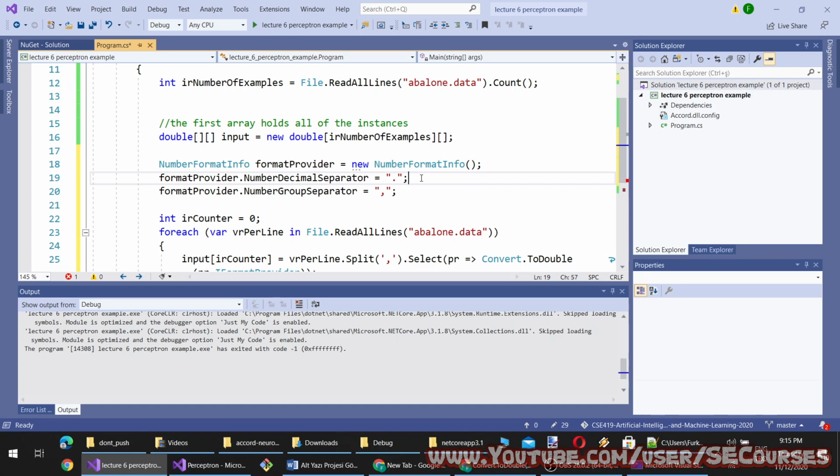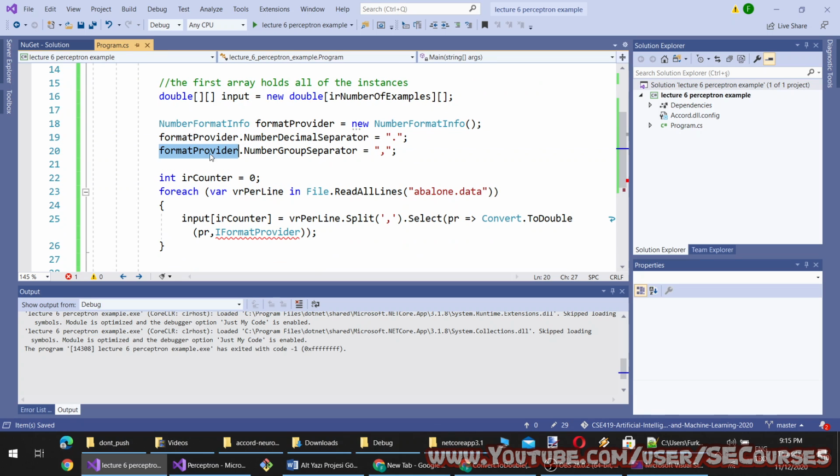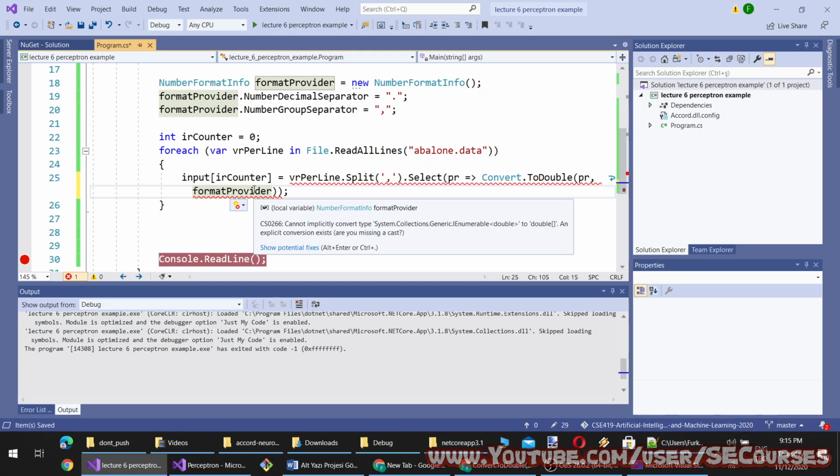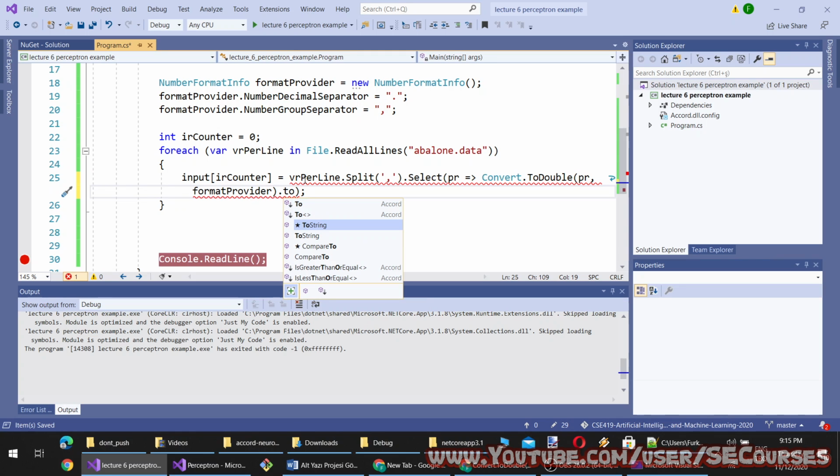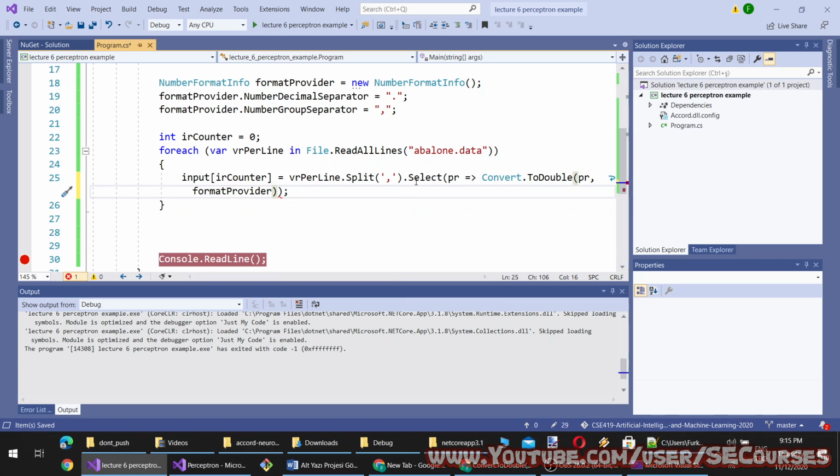I think it is very clear, and I'm going to provide this format, and then I need to turn this into the array.